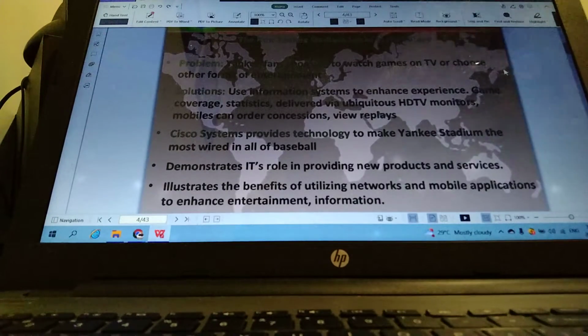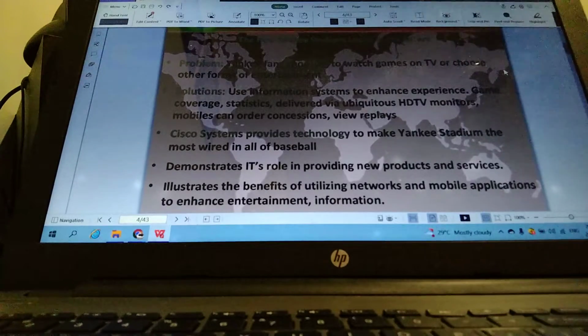So with social media and IT facilities today, of course we are able to do this, meaning you can respond and request statistics, for example, replay, recording. There are many features available which were not available in those days. Also, Cisco Systems provides technology to make this stadium the most wired in all of baseball.